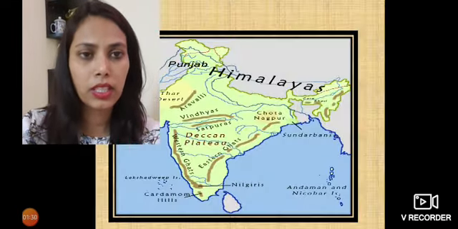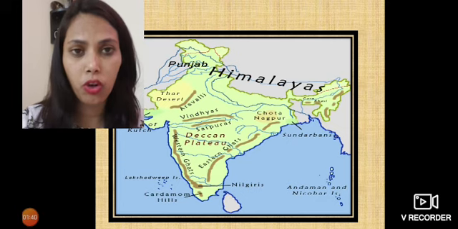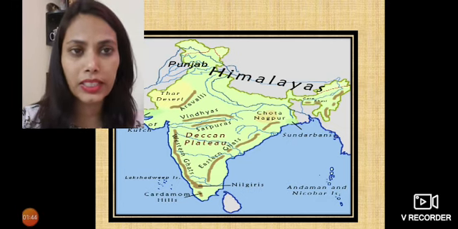Now see this map, everyone. This is the map of India. All of you can see the Himalayas in the north of India, where Punjab and Himalayas is written. Then we can see the Thar Desert on the western side of India. Towards the east of Thar, you will find the Aravalli range.